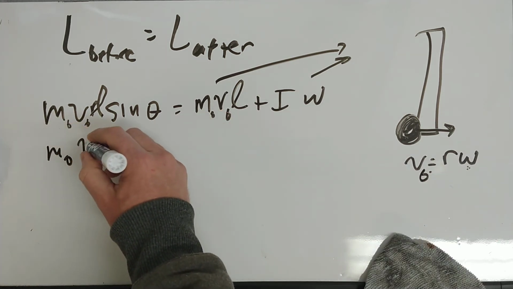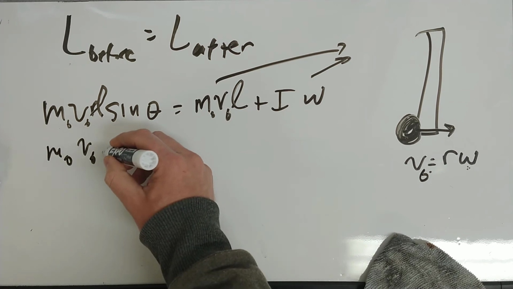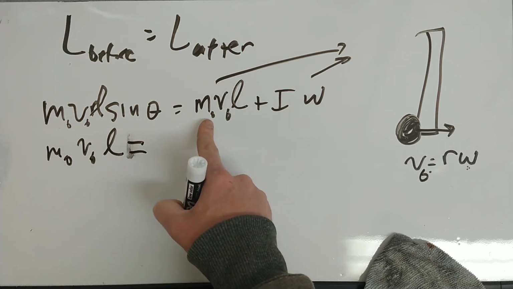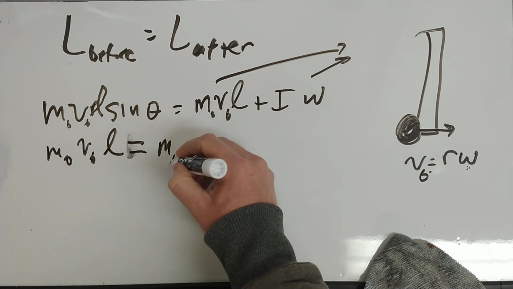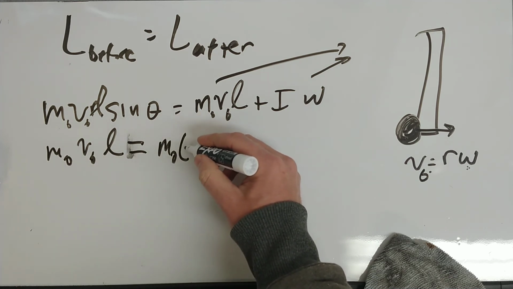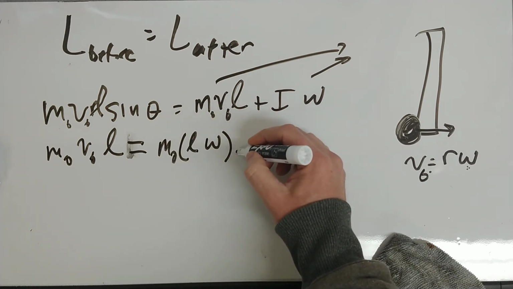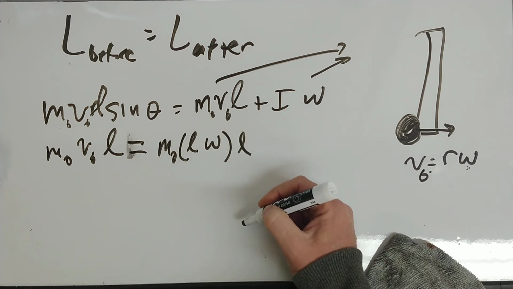So mass of the ball, velocity of the ball before the collision times L sine theta is just 1. All right, mass of the ball here times R omega. R is L. Omega is omega. Times L again.